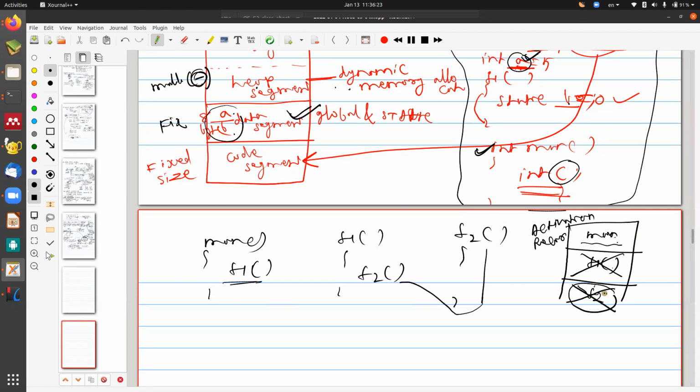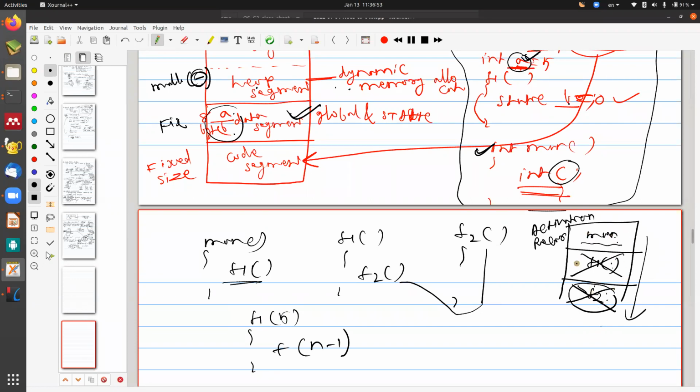So depending upon my function calls, my stack is gradually growing. Like in a recursive call, when you are making fact of 5 and inside this you are calling fact of n-1, then gradually 5 facts are active at the same time. Yes or no? When fact 5 calls fact 4, fact 4 calls fact 3, 3 calls 2, 2 calls 1, all of them become active.